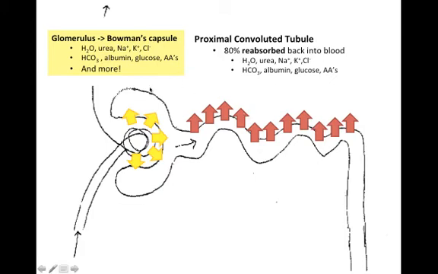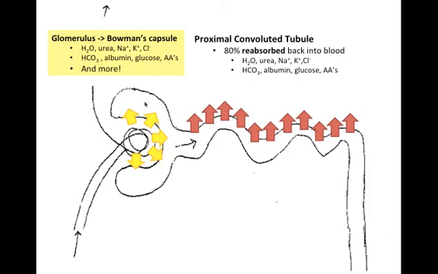What you aren't seeing in this picture is that there's actually a small capillary, or capillaries, running very close to the tubules here. And what will happen is the things that we want to keep in the blood and we do not want to make it to the urine will be reabsorbed out of the tubules back into the blood. And so that's what these arrows signify here. We filtered them out here, and then we said, hey, wait a minute, no, we want that stuff. Let's not let it go out in the urine.